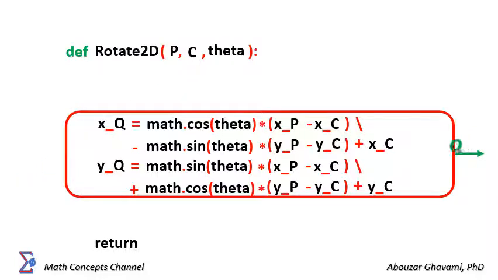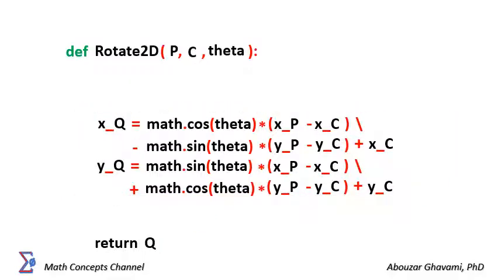It outputs rotated point Q. Note that all the command lines inside Python function must be indented with equal number of spaces. Here we use 4 spaces for indenting the command lines inside the rotate2D function.